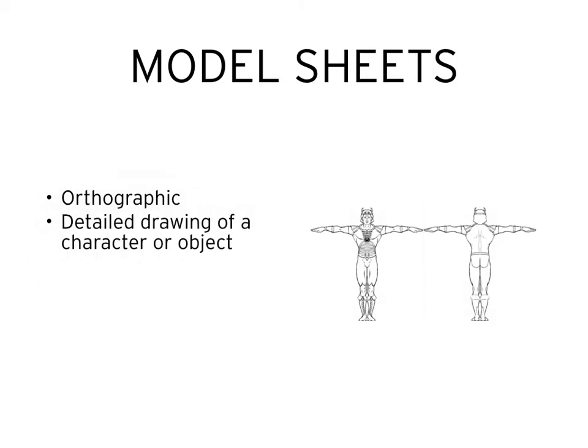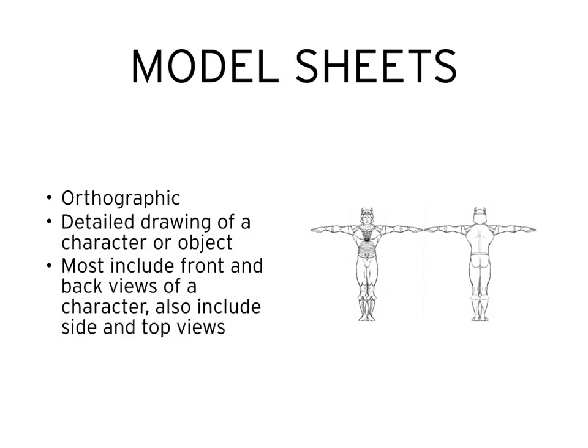The detailed drawing of the character or the object. It mostly includes front and back views of the character, also side and top views. The model sheet is commonly used in 3D as a blueprint.